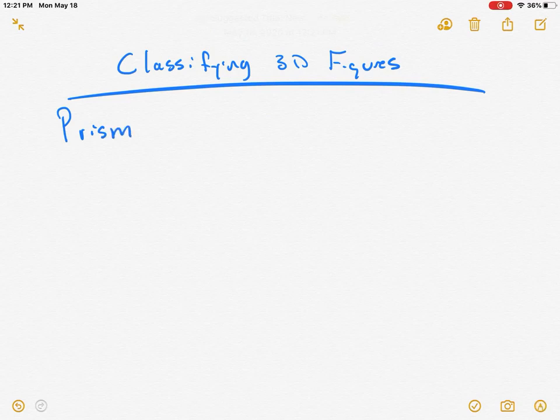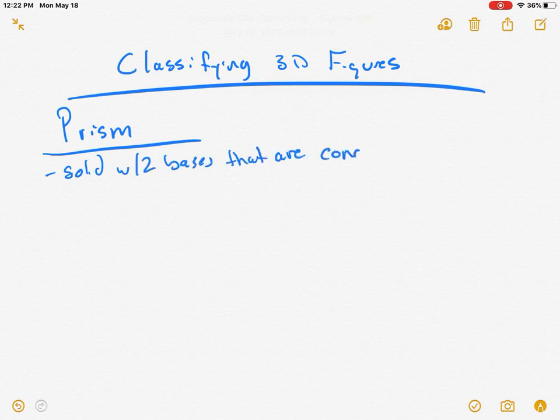And we label prisms based on what their base is, all right? So let's go ahead and get the definition of a prism here. Solid with two bases that are congruent, so it means the bases are exactly the same and they're parallel.